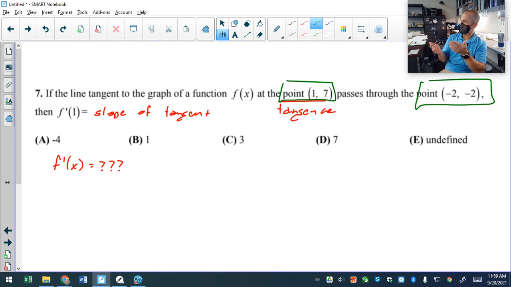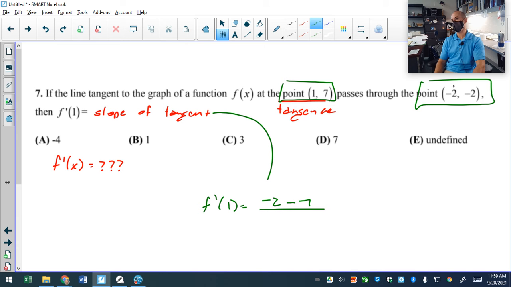So if I want the slope of the tangent and I have two points it goes through, I can just use algebra 1. f prime of 1 would equal -2 minus 7 over -2 minus 1. Negative 9 over negative 3, which is 3.